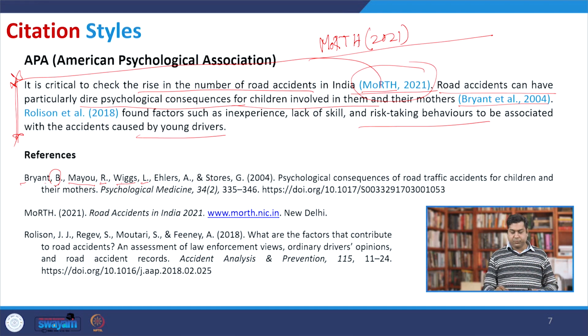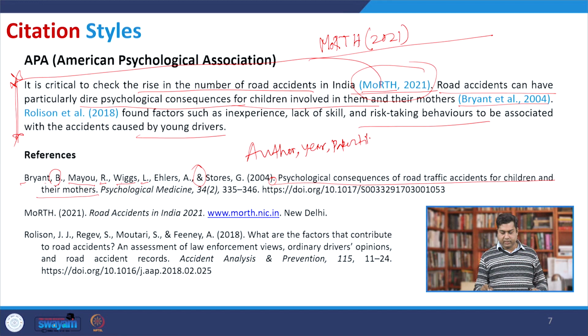For the last author in that sequence, before that we put an ampersand sign, and then we write the year. Then we need a period or full stop. Then we write the name of the paper. So first you have the author, then the year, then the paper title.